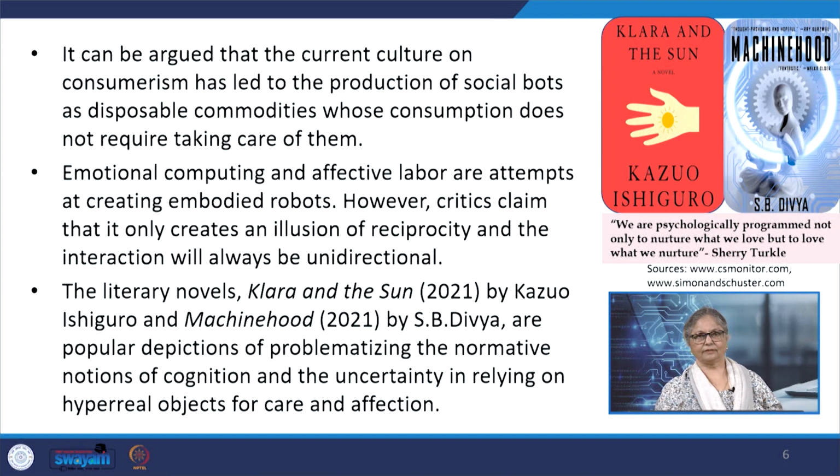In this context, it would also be pertinent to refer to two literary novels, Clara and the Sun by Kazuo Ishiguro and Machinehood by S.B. Divya. These novels were published in 2021 and they are popular depictions of problematizing the normative notions of cognition and the uncertainty in relying on hyperreal objects for care and affection.